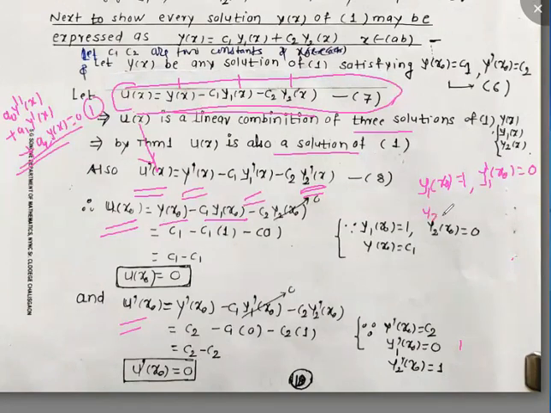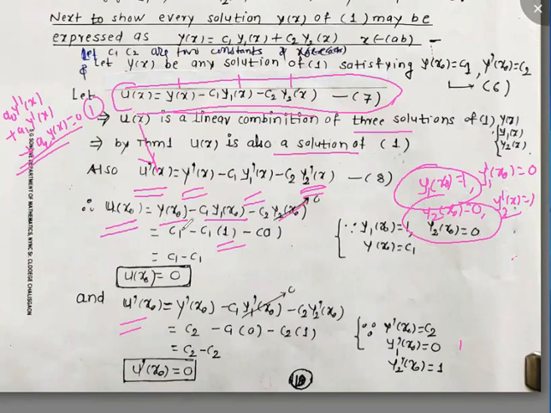And y2 is a solution of 1 for which its value at x0 is 0 and the value of its derivative is 1. So out of these values, we require y1(x0), which is 1, so we are using this value. And y2(x0) is 0.